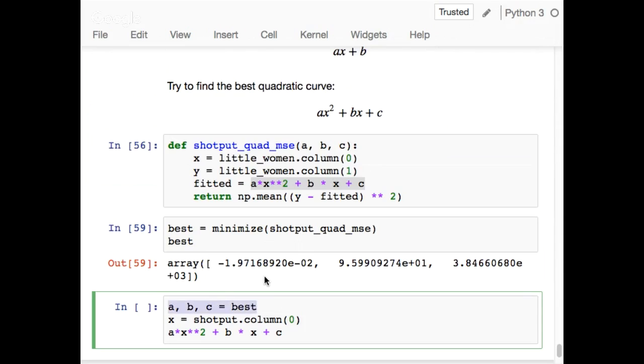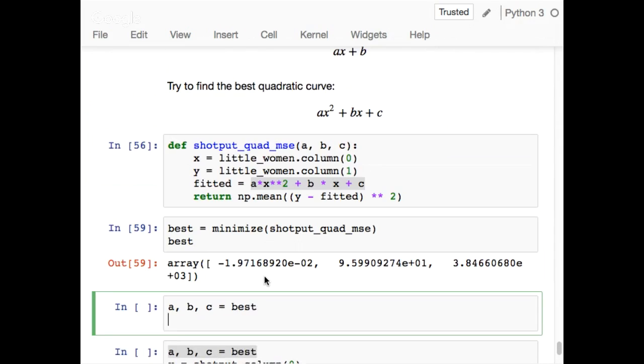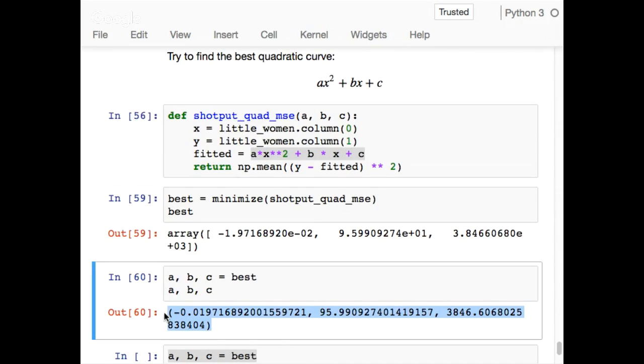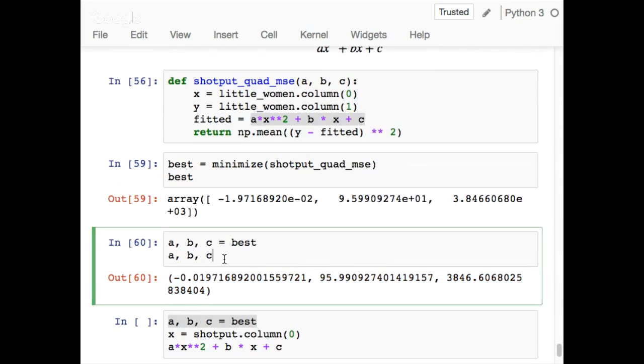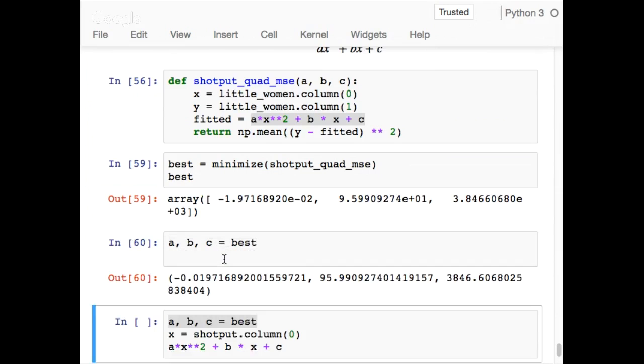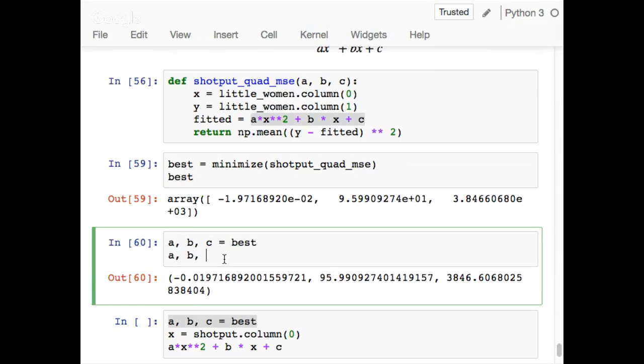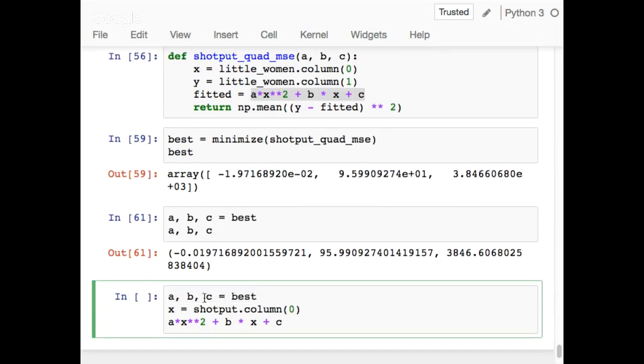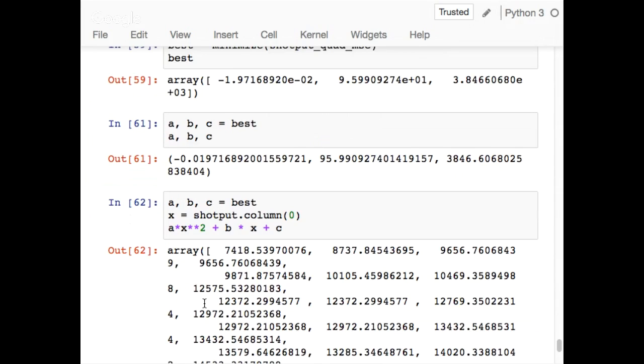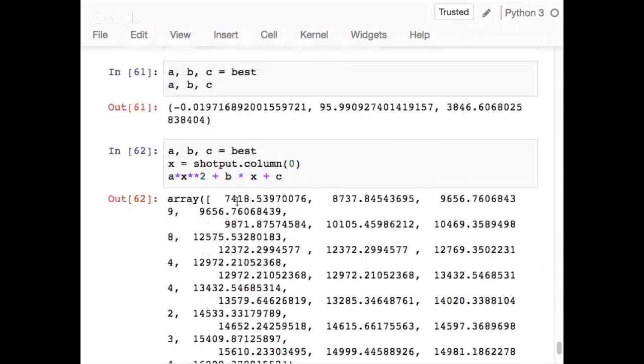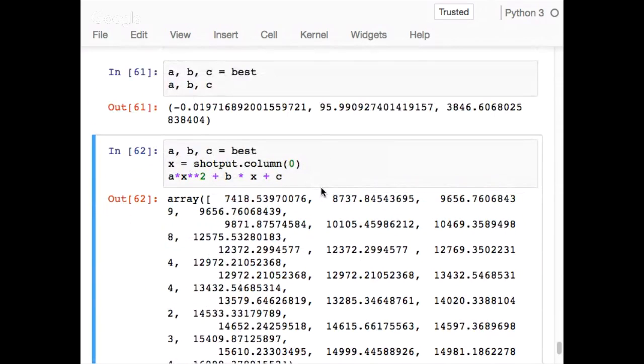A, B, and C equals best. And what Python will do is it'll actually assign all three values at once, which is really nifty. Actually, let me do that there so you can see it. Okay, so here I'm doing the same thing. A times x squared plus bx plus c. Here are my predictions for each value of x. Let's plot them.